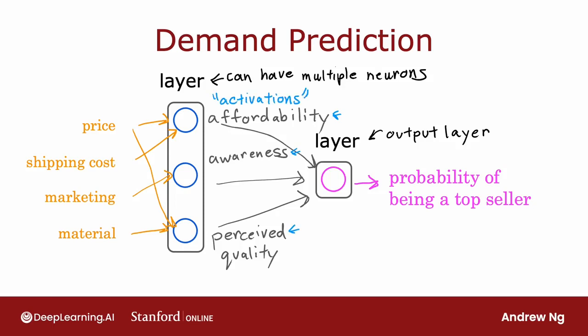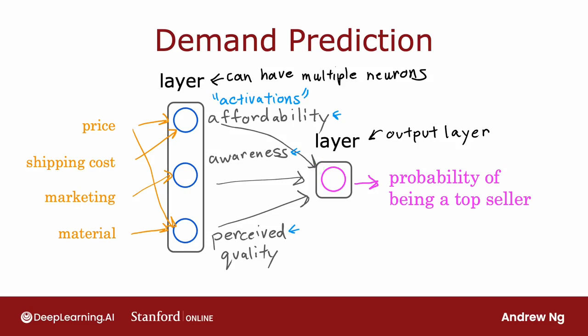The term activations comes from biological neurons, and it refers to the degree that a biological neuron is sending a high output value or sending many electrical impulses to other neurons that are downstream from it. And so these numbers on affordability, awareness, and perceived quality are the activations of these 3 neurons in this layer. And also, this output probability is the activation of this neuron shown here on the right.